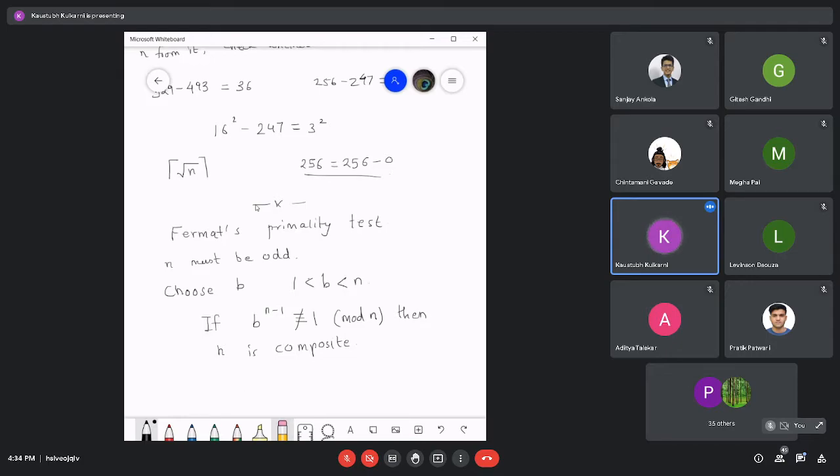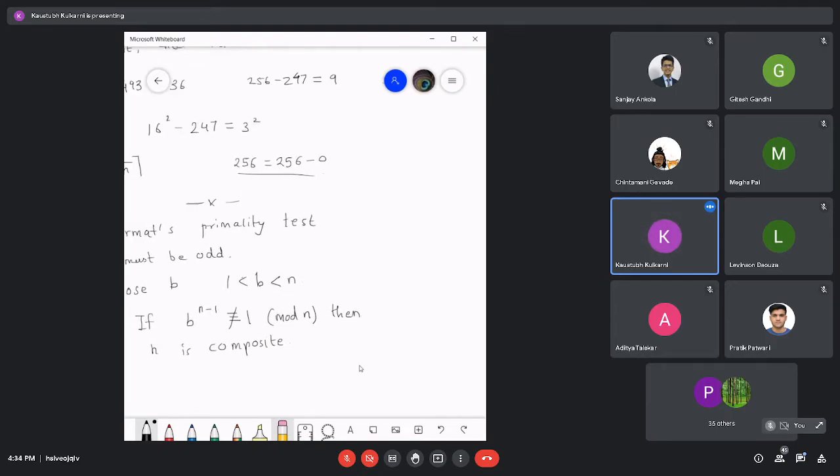If you recall the Fermat's theorem, what Fermat's theorem said was that if p is a prime number, then, let's use the Fermat's theorem's terminology, a raised to p minus 1 is congruent to 1 modulo p, and p does not divide a. This was the Fermat's little theorem.